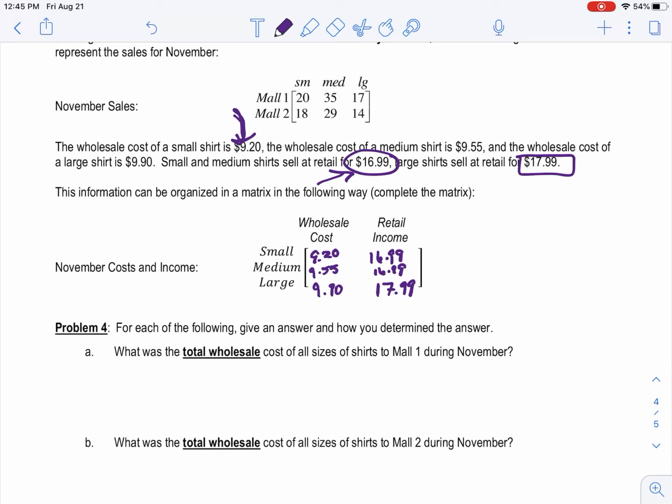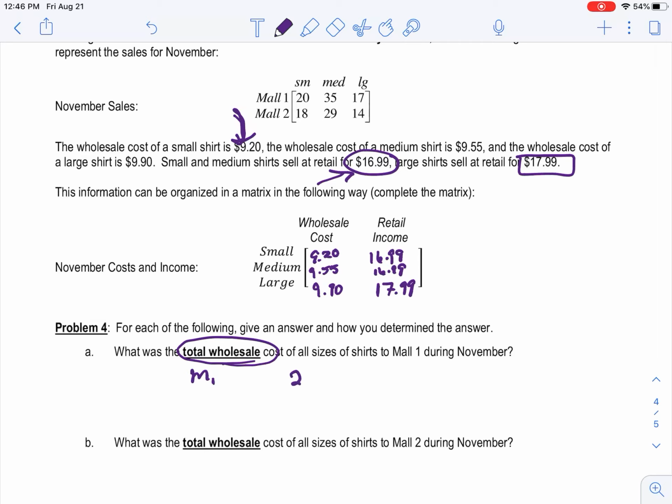So, for each of the following, give an answer and how you determined. What was the total wholesale cost of all sizes of shirts for Mall 1 during November? So, you're going to have to take Mall 1. You need to take the total wholesale. Okay?